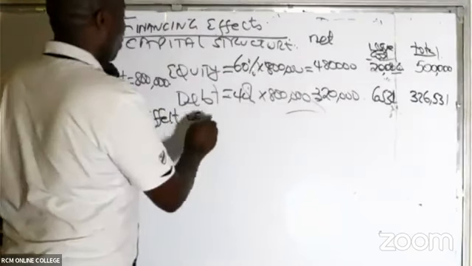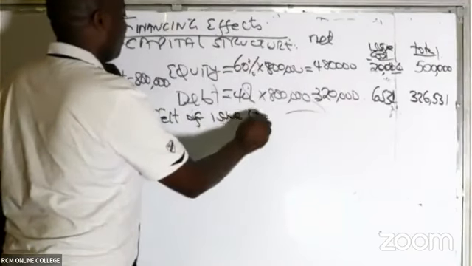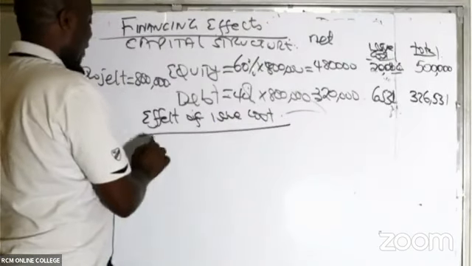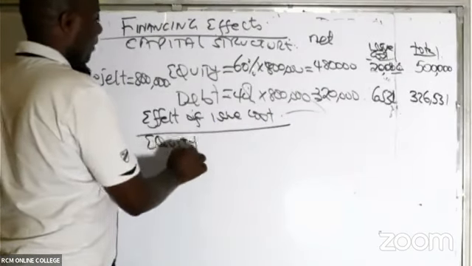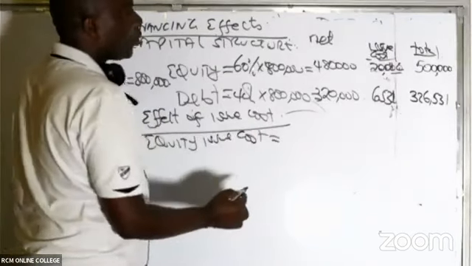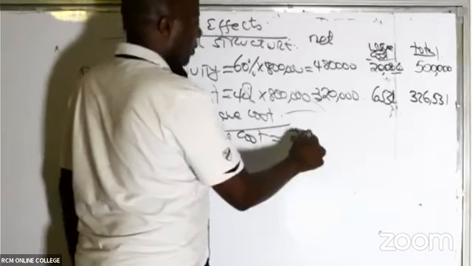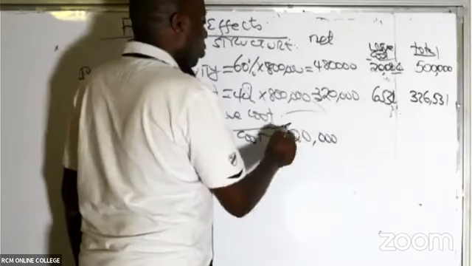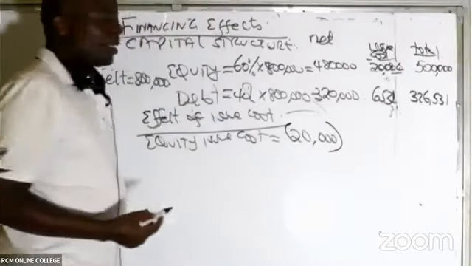of issue costs. So we start with equity issue cost. Equity issue cost is 20,000. Always, issue cost must be in brackets when you're looking at the effect.